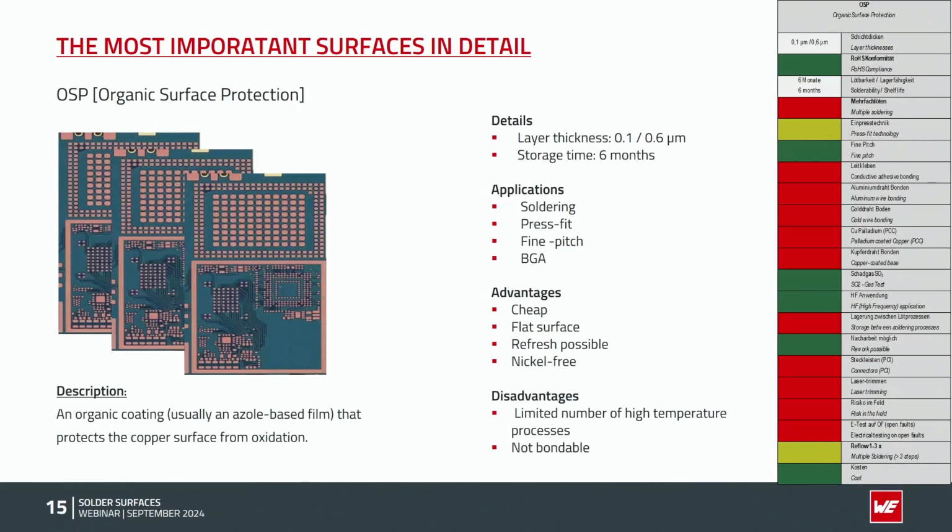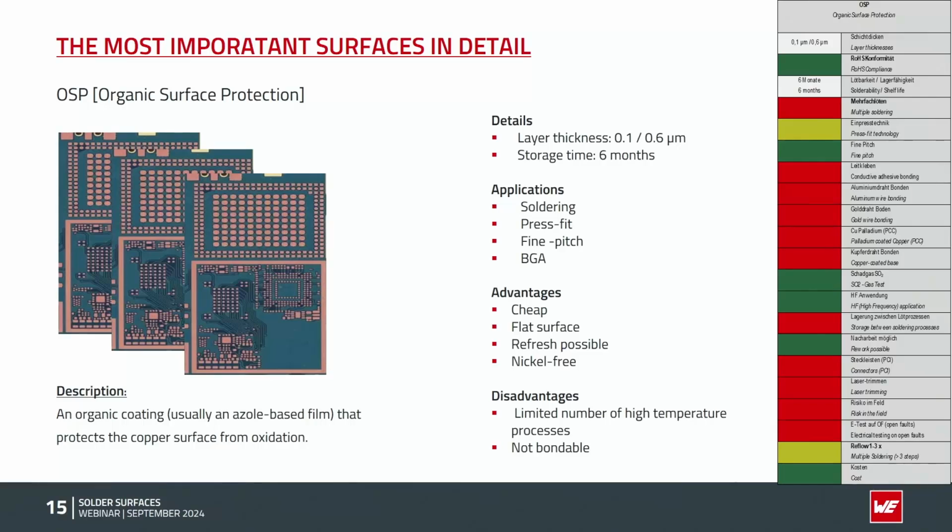We can see that the storage time is not that long. It's just 6 months, and another disadvantage is the limited number of high temperature processes. Normally after a single solder process, the high solder temperature removes the organic coating, which means the oxidation can start at the copper surface.